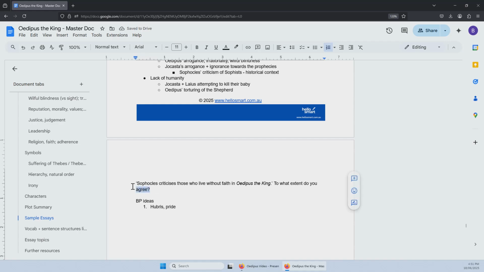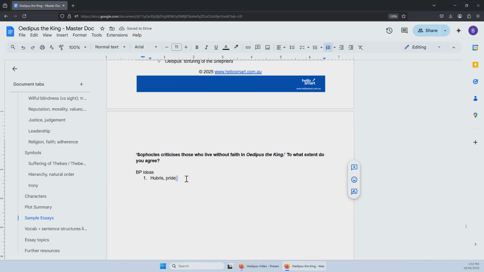So we'd be talking about how people who take credit for everything and don't acknowledge the role of the gods bring misfortune upon themselves. So note, we're using the same examples every time, Oedipus and Jocasta. And we would even use the same quotes every time as well. So Jocasta, for example, telling Oedipus to brush the prophecy from his mind. And Oedipus's quotes about how no god came to help him defeat the Sphinx.